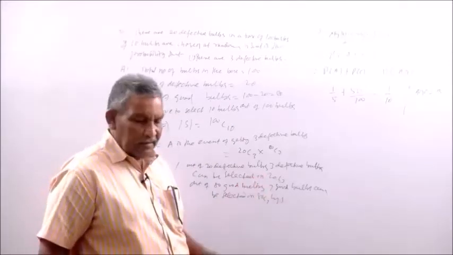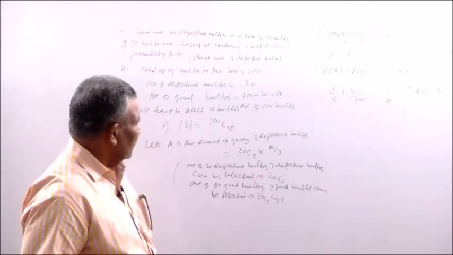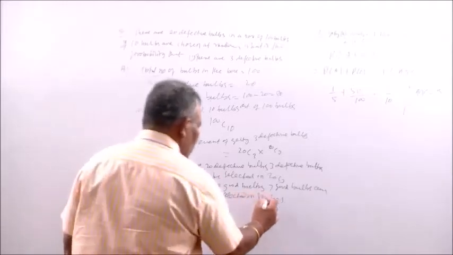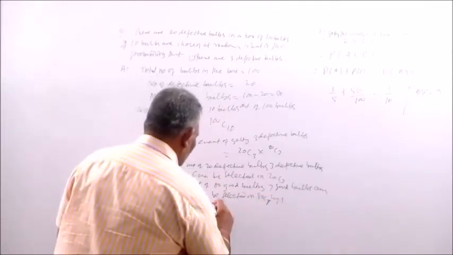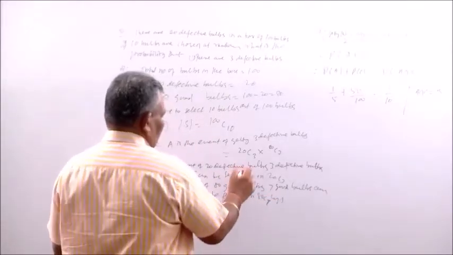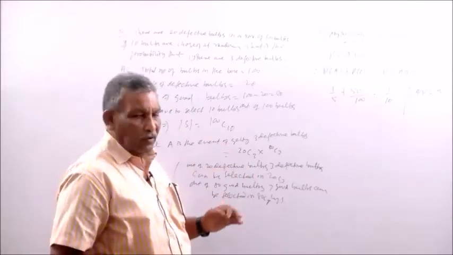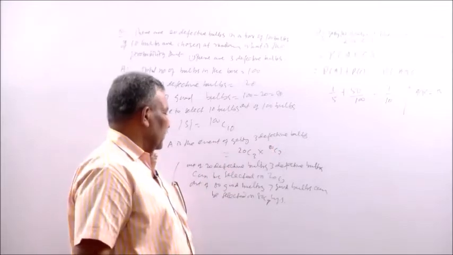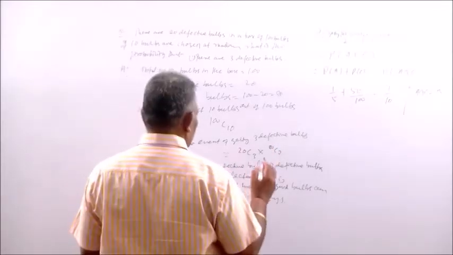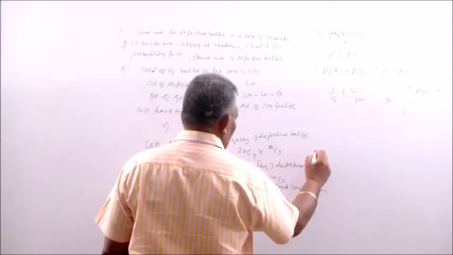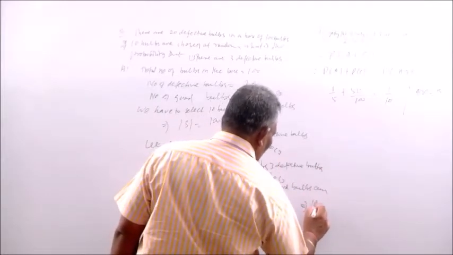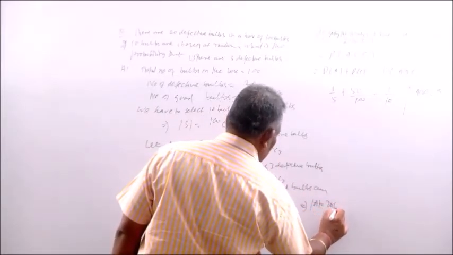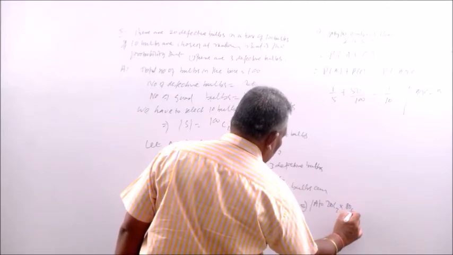Here they are independent, so by the fundamental principle of counting, cardinality of A equals 20C3 into 80C7.